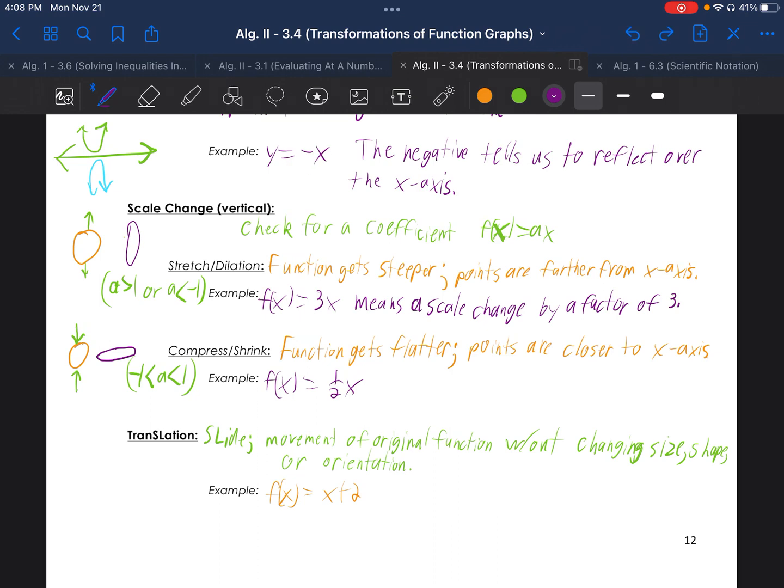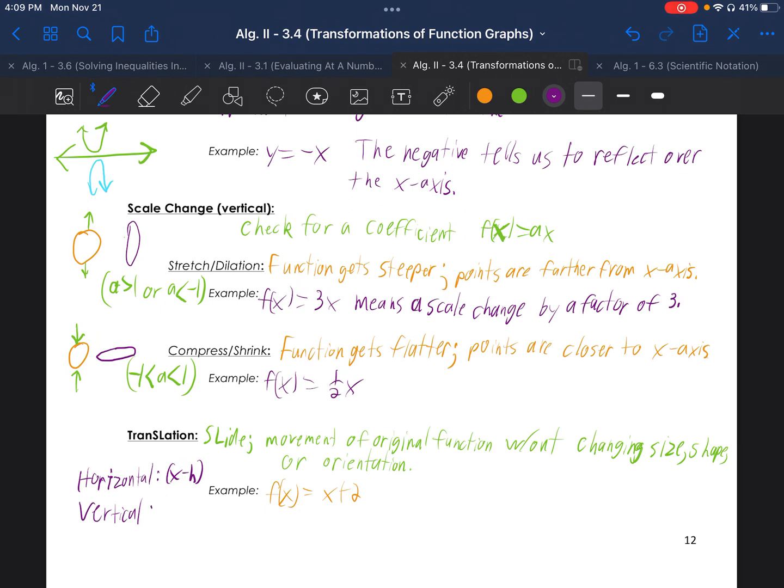Now, you might notice your first two, we had a negative in front of it, so that's multiplication. We had a 3 and a 1/2, so that's multiplication. This one, we're adding, okay, so we can add or subtract. So for a horizontal one, it'll be like in parentheses x minus h, some number h.